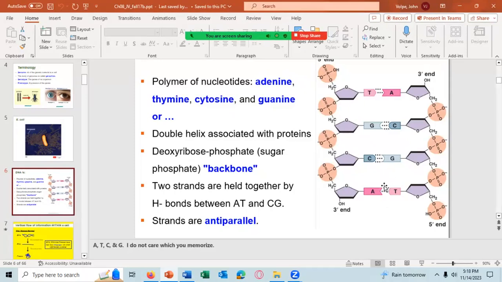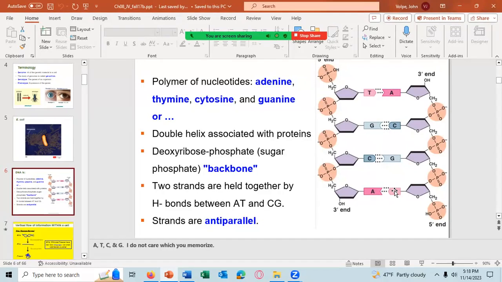These hydrogen bonds are weak and they break and reform all the time. So, for example, this hydrogen bond here can break, but then the DNA will be held together by all the other hydrogen bonds in the DNA, because there's a lot of them in DNA. And then this will reform, and then that one will break.